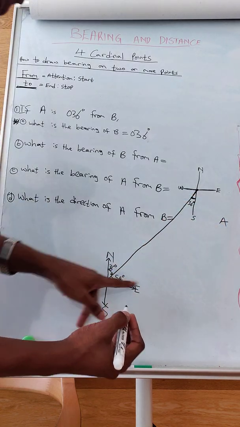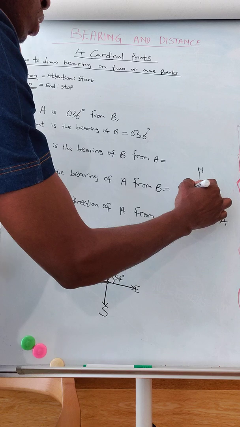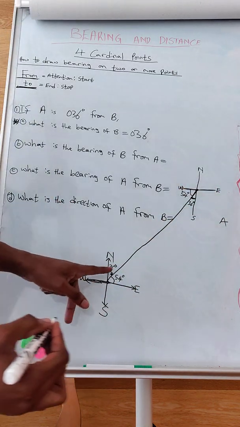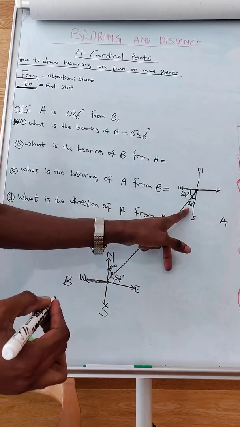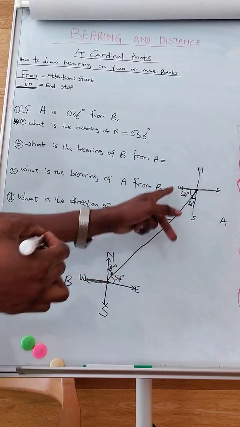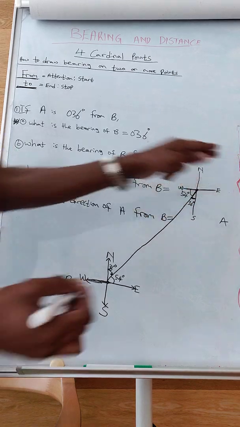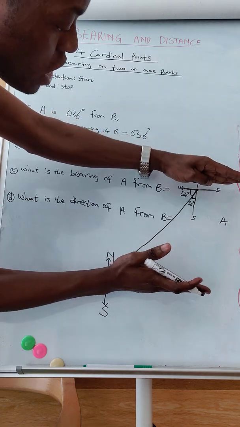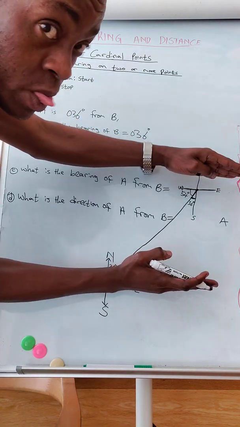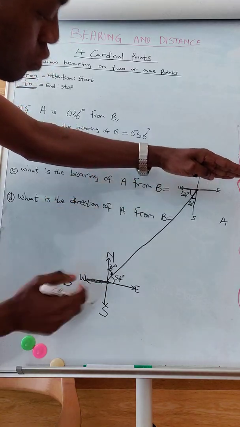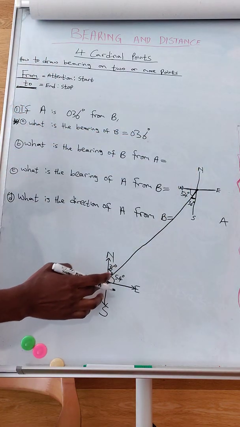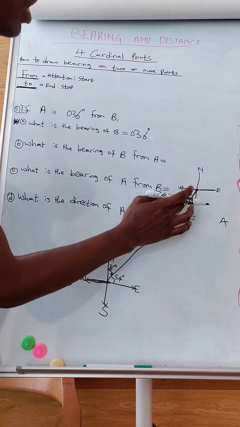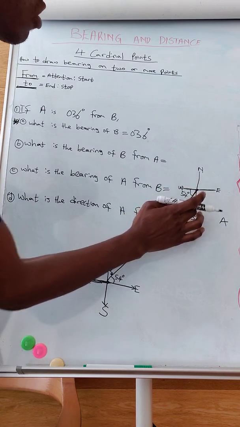This is 54. The other side is also 54, because this is a vertical line. The corresponding angle, that is under geometry, you have to know all these simple rules. So it gives us 54 degrees and 36 degrees.